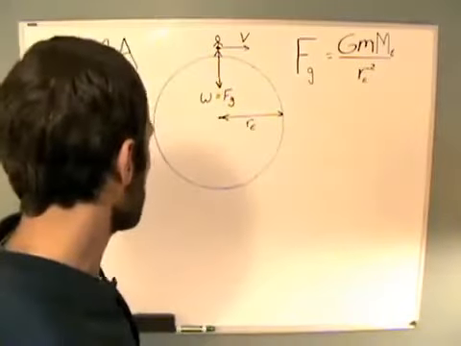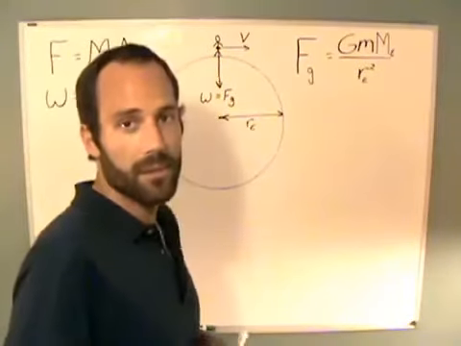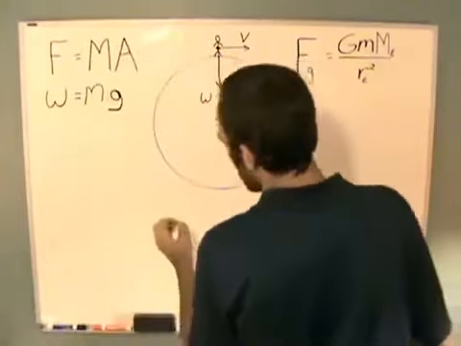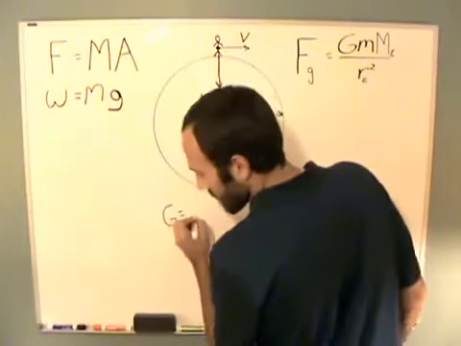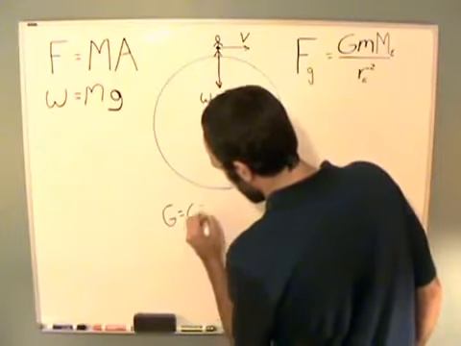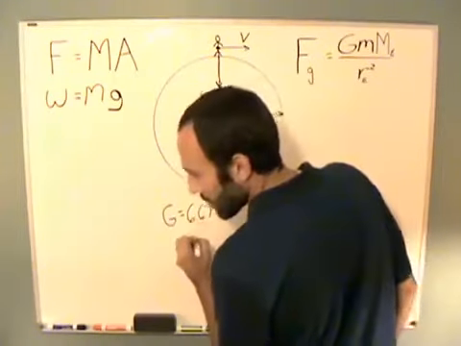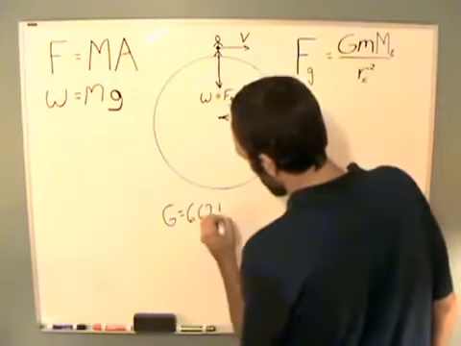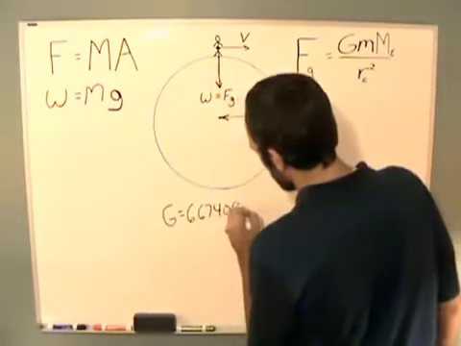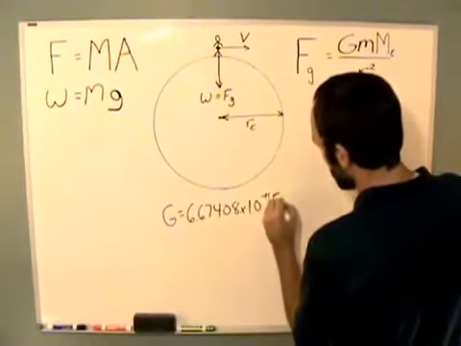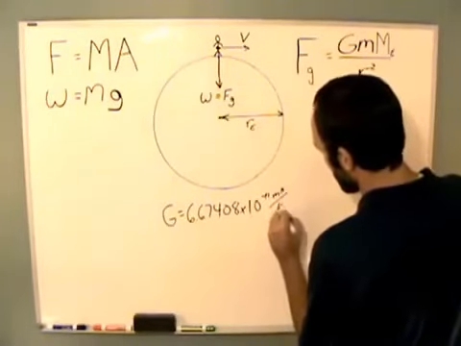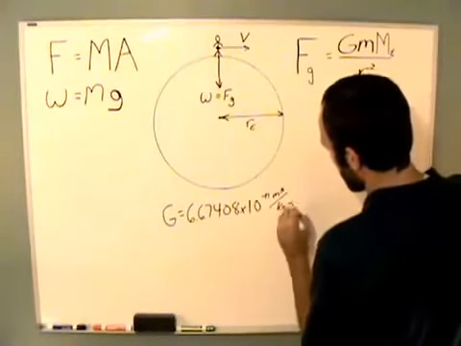So Cavendish determined big G through that torsion rod experiment. He calculated it to be the value that we're still using, which is 6.67408 times 10 to the negative 11 meters cubed over kilograms times seconds squared.